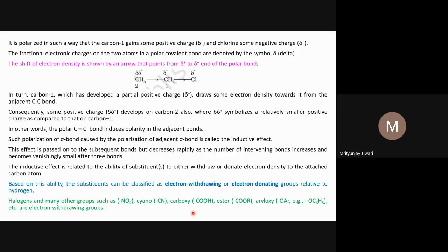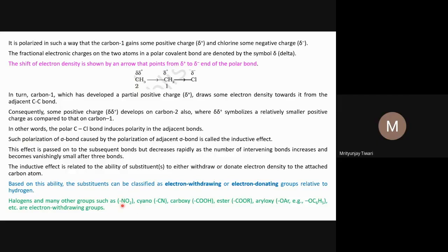Similarly, C double bond C can also behave as an electron withdrawing group, and thus benzene rings, which have three double bonds, are also electron withdrawing groups. Benzene rings in the form of substituents are called phenyl rings, and the phenyl ring C6H5 is also an electron withdrawing substituent.